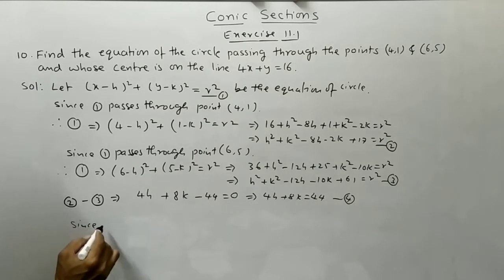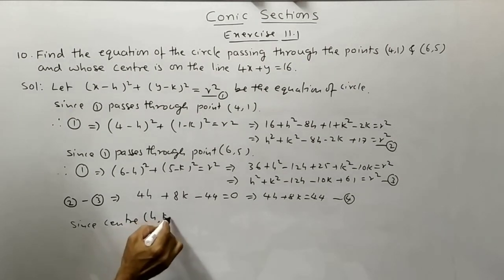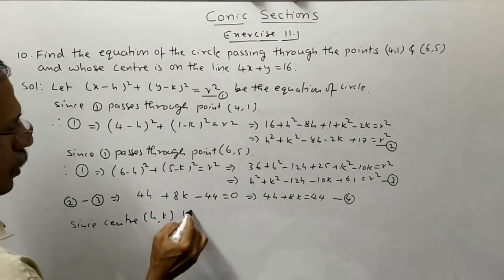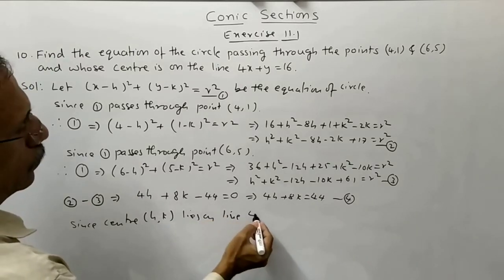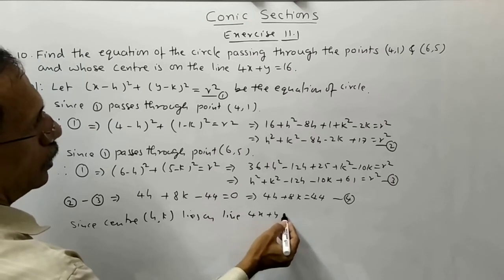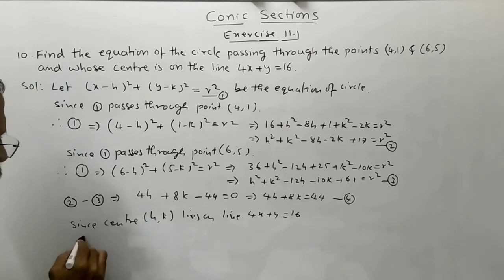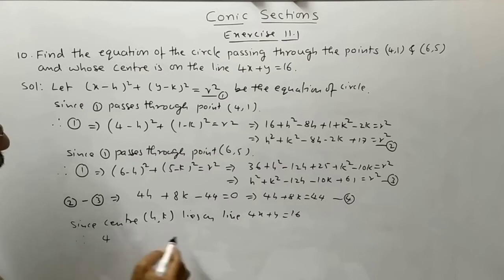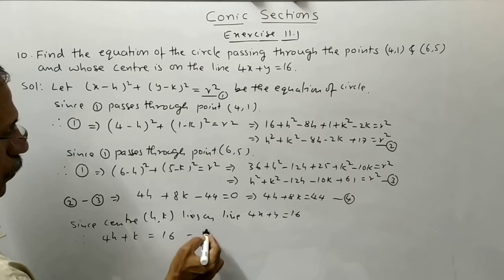Since the center with coordinates (h, k) lies on the line 4x + y = 16, therefore 4h + k = 16. Say number 5.